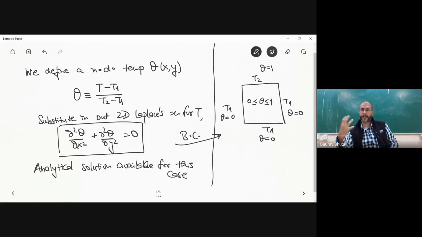That will give you some sort of benchmark, and then, given more time, you can improve the accuracy by using more and more accurate techniques. But if you have only a minute or half a minute to get something useful out of it, then you can approximate the problem with a problem which has an analytical solution available. So you should know for what kind of situations analytical solutions are available easily.